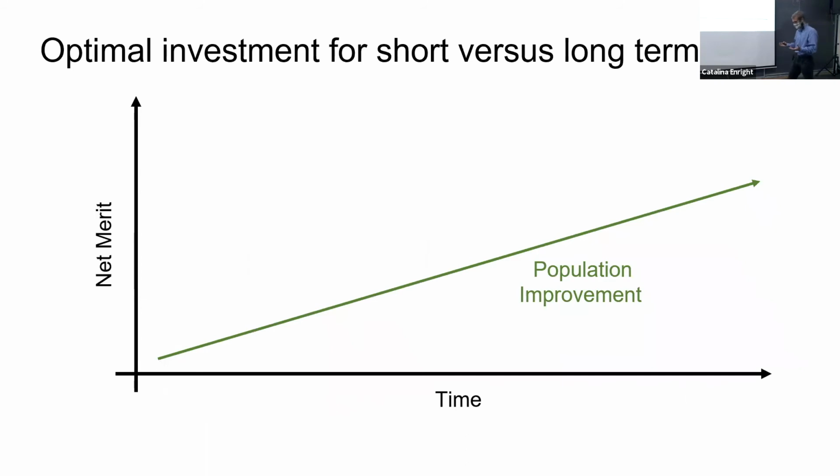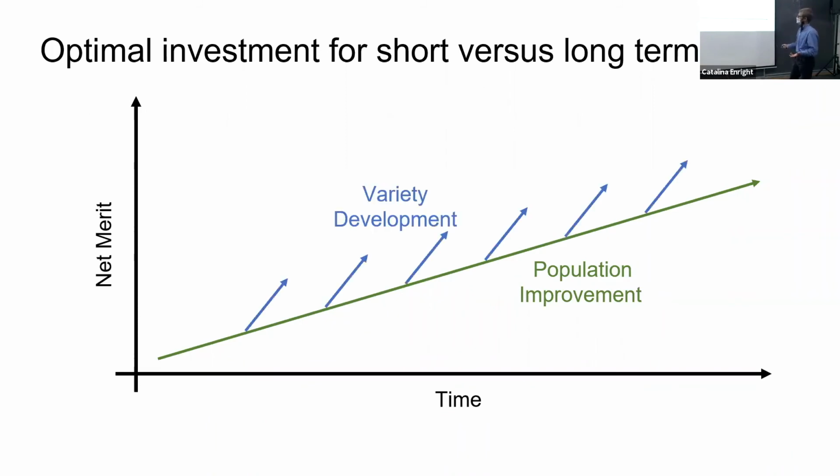Okay, and then the last thing I wanted to look at was differences between a short-term gain versus long-term gain. And the basic idea here is over time you have your population that's improving, but periodically you pull a set of lines out and you do variety development on them.